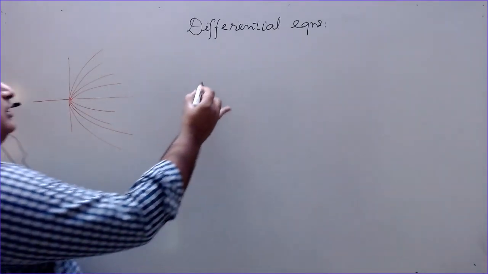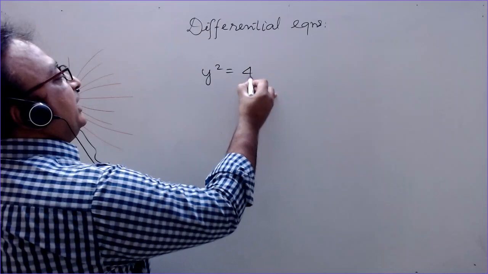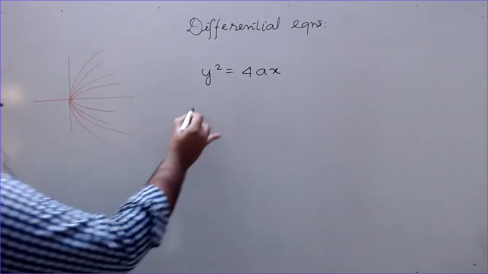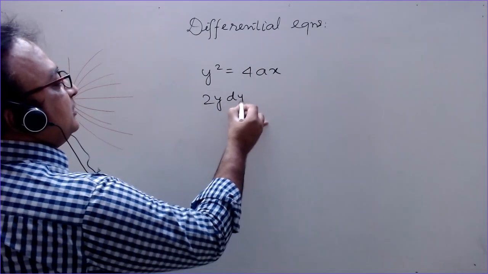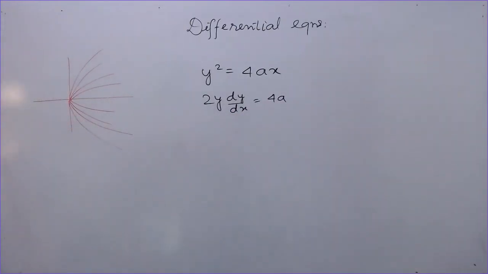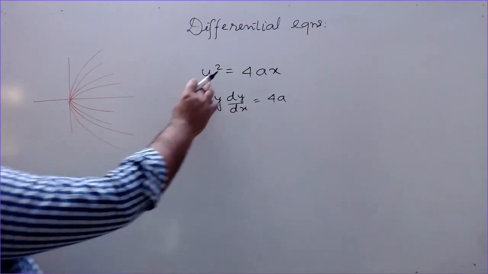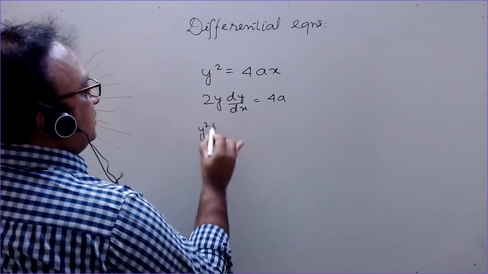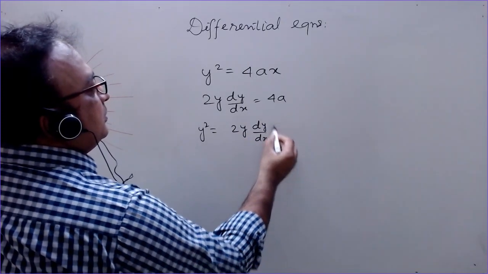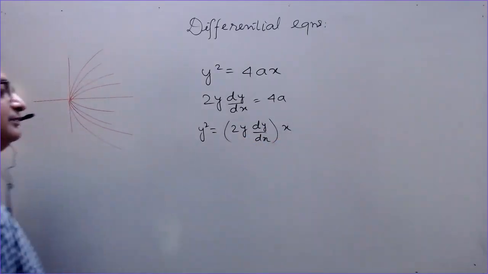You know that y square equal to 4ax is the equation of such a parabola. Differentiate both sides with respect to x, 2y dy by dx is equal to 4a, or y dy by dx is equal to 2a. Now put the value of 4a or a in this equation, 4a into x.